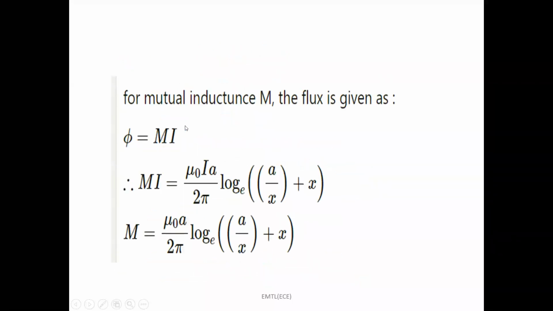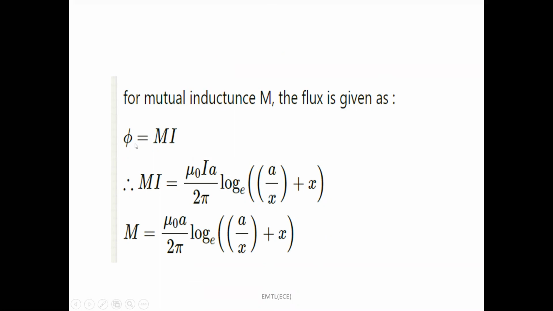Now we have to calculate the mutual inductance. That is our main concept. Our agenda is to calculate the mutual inductance between a straight current carrying wire and the square loop.